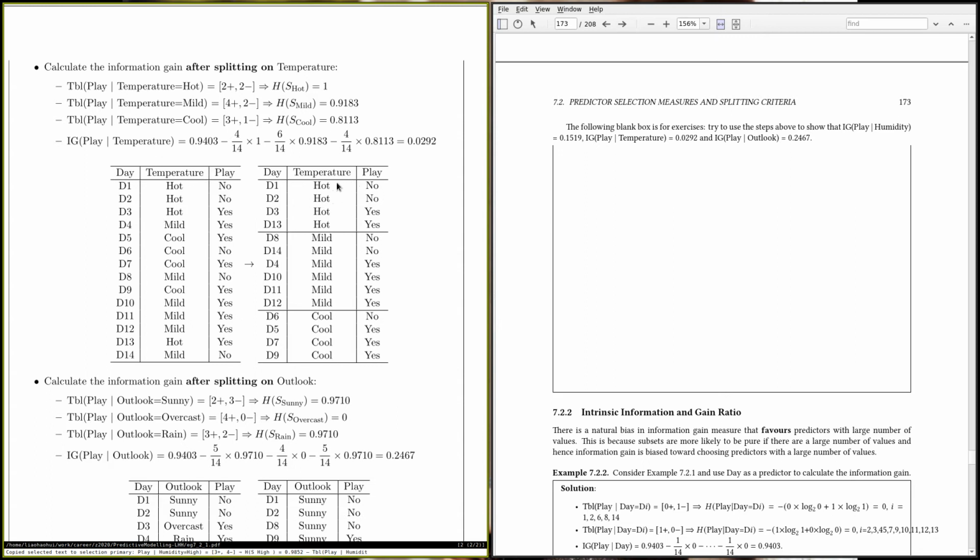And then for each split, we need to further split, right? So play under hot, we have 2 no's, 2 yes. So that's why entropy is 1, because there's no way for us to distinguish, right? 50-50 chance.